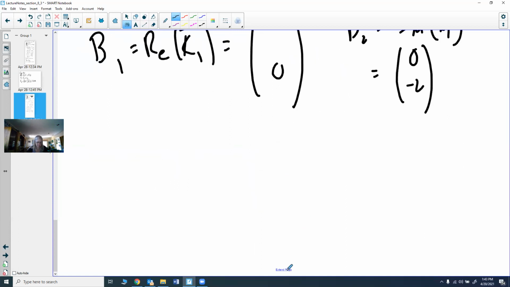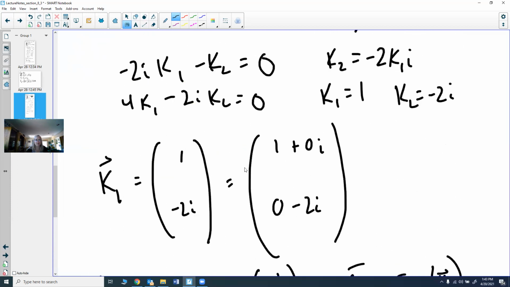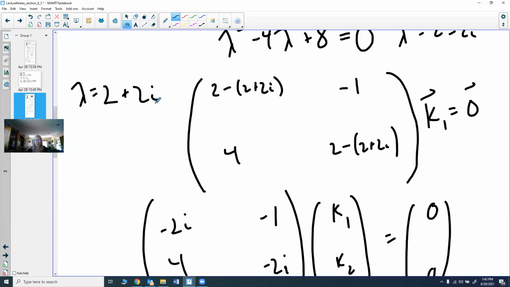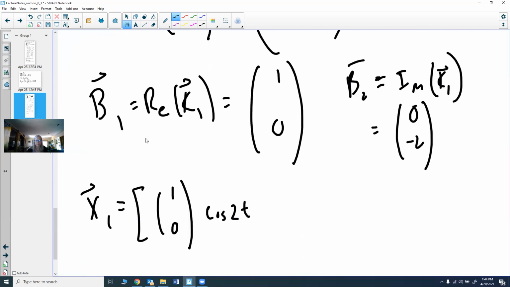So therefore my x1 is the real part, the B1, which is 1, 0, times the cosine of 2t, because remember my eigenvalue was 2 plus 2i. So my imaginary part is 2, so that's where that 2 came from.